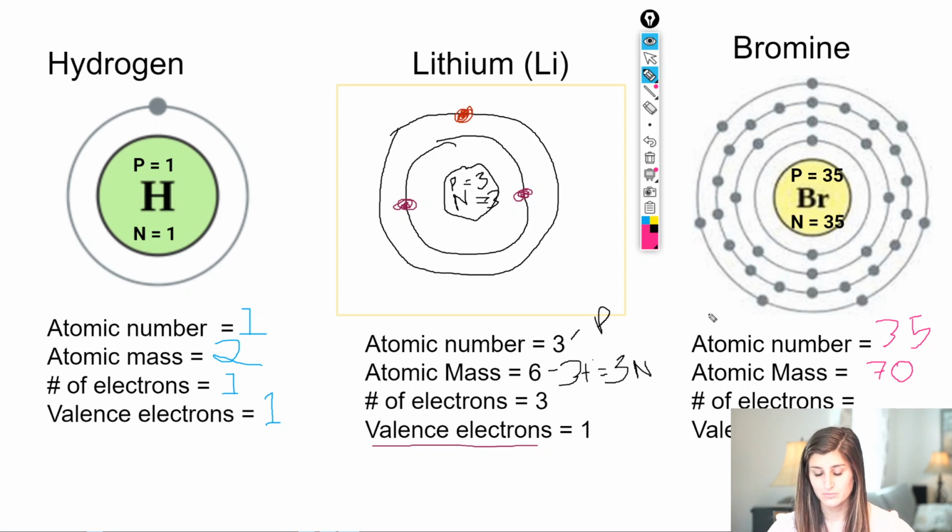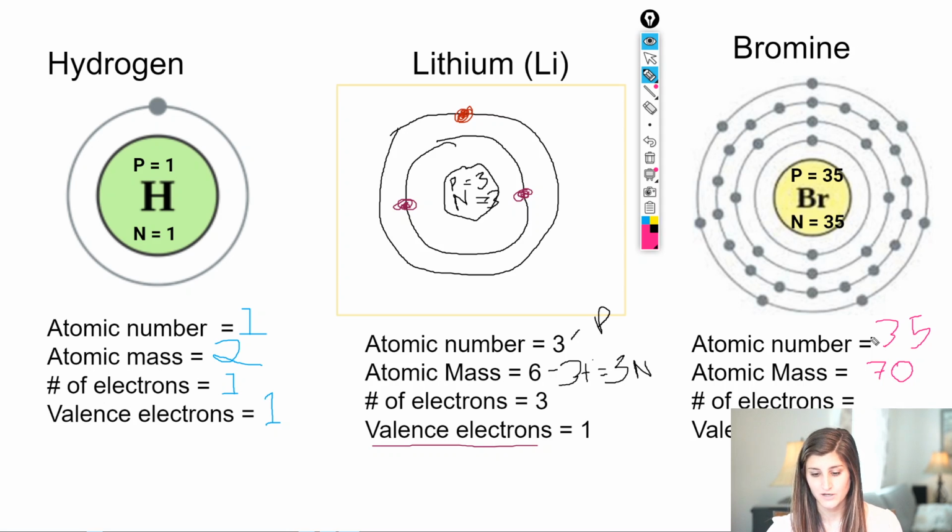And then the number of electrons. Now you can figure out the number of electrons in a couple of ways. You can either count every single one of these electrons. That's a lot of electrons. Instead, you just have to remember that the number of protons and the number of electrons are equal to each other when we have a neutral atom. There's no plus sign or minus sign after our bromine, which means that this is a neutral element.